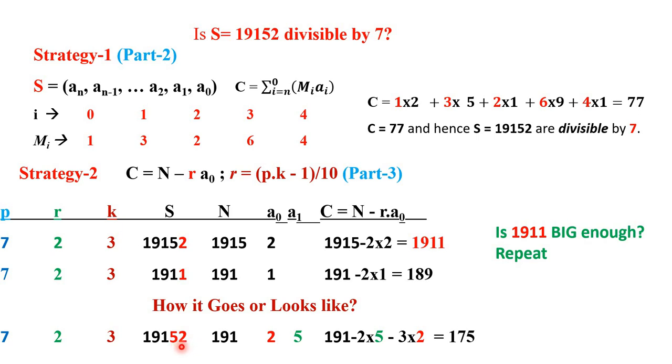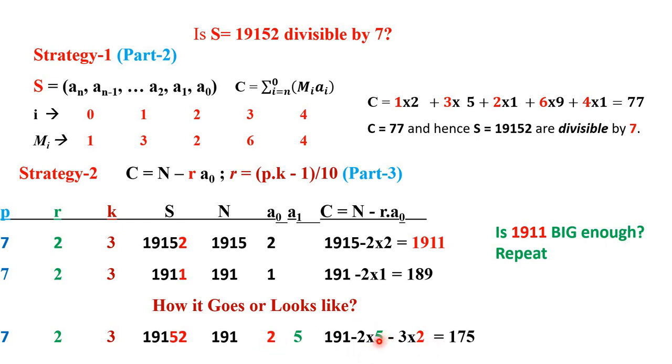Okay, and we have introduced R, but here K is 3. So the formula is that 191 minus 2 into 5, this 2 is coming from R, and 3 into 2, this 2.